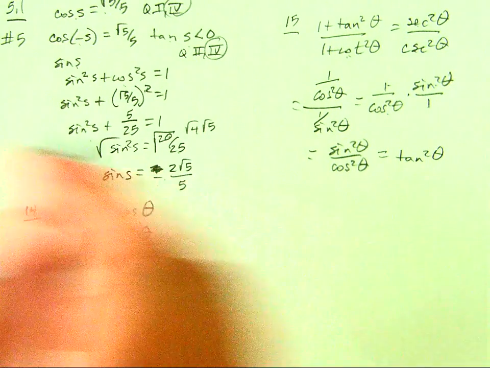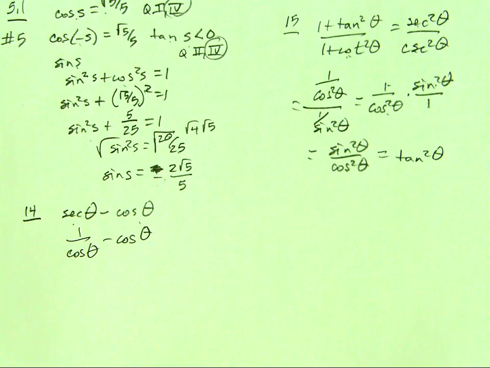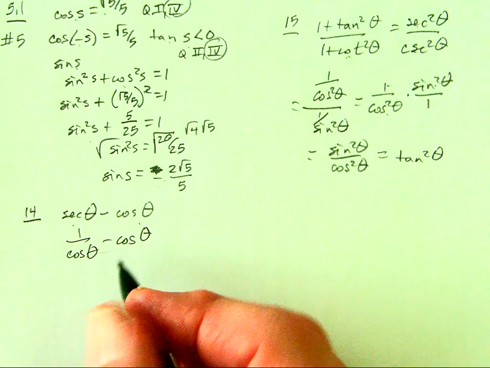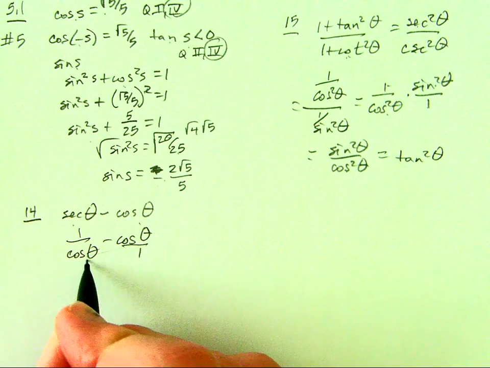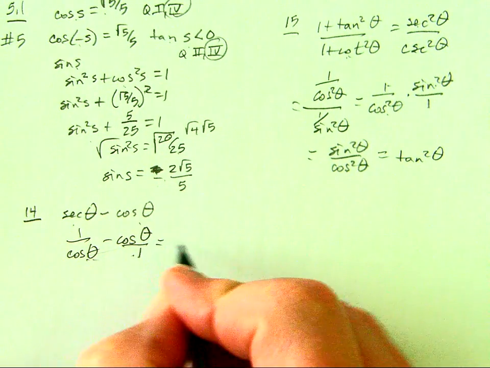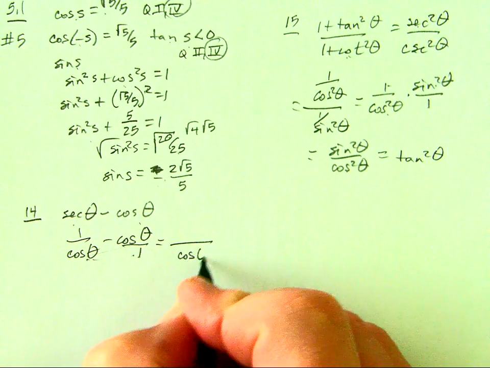Now, if we're going to subtract these, we need a common denominator. Our only denominator is cosine theta, so that's our common denominator, cosine theta.